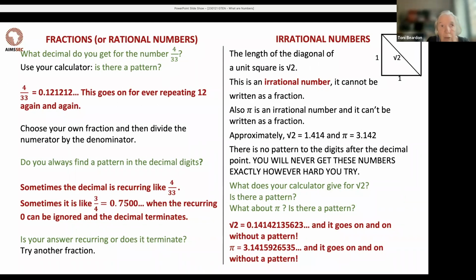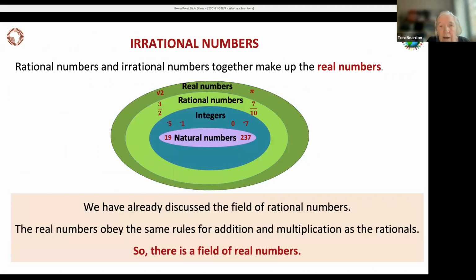So that's the difference between fractions and irrational numbers. And when you put them all together, you've got this outer dark green region in this diagram: the real numbers, including the rational numbers, but also including irrational numbers, as we've just discussed.